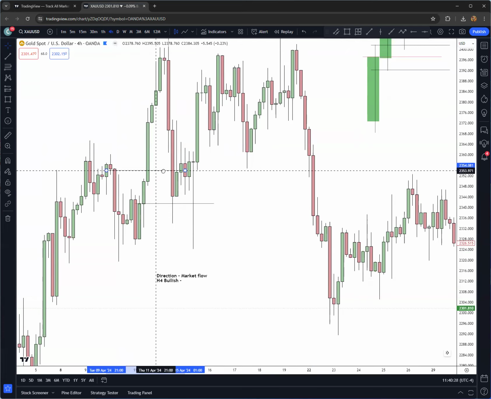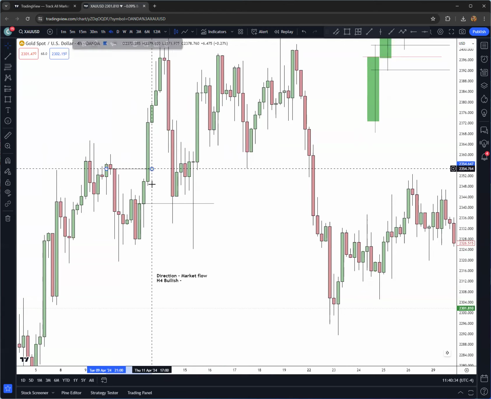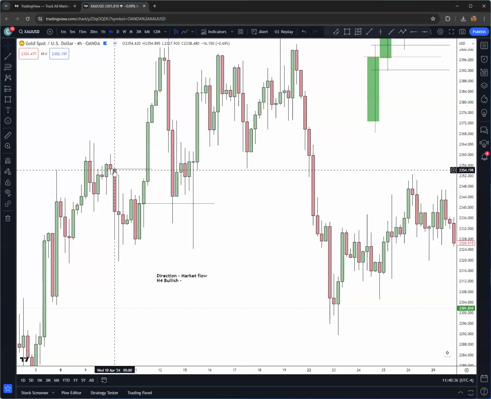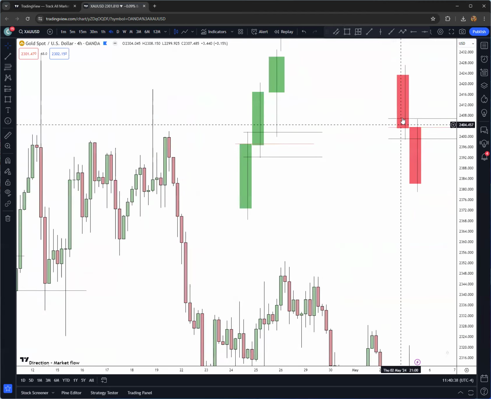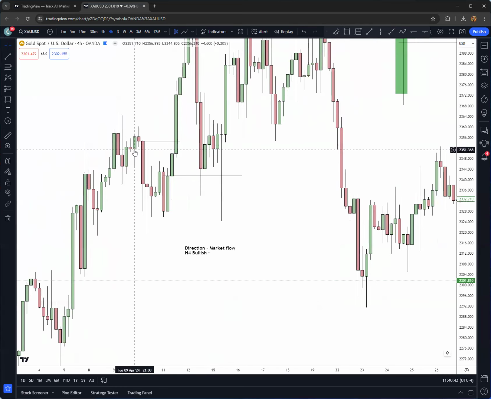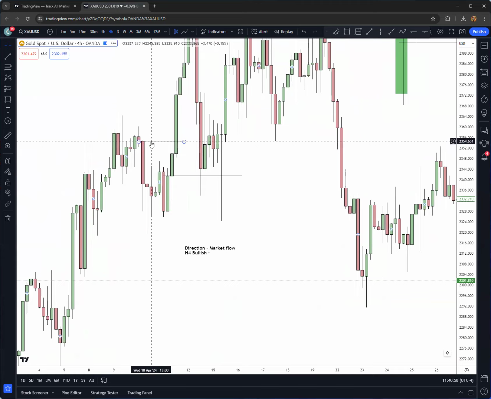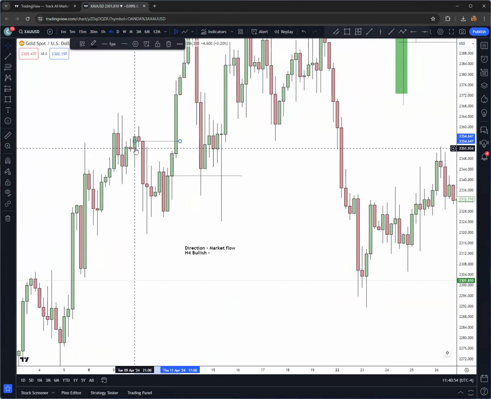H4 took out the reason for this drop, which is the open of this guy right here, right? This candle, even though I showed you it looked like this and I said I don't focus on those, if you look at what happened, it closed below the open of this green candle. So this guy is a level of importance, right? Because it is where the reversal started from that broke this guy.